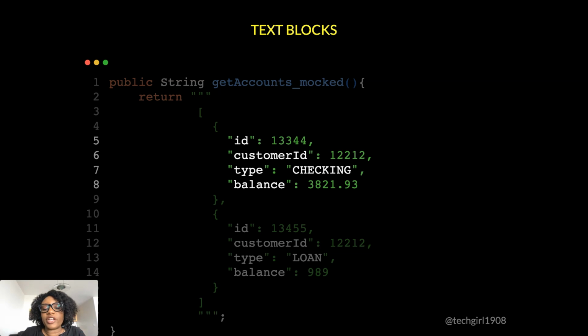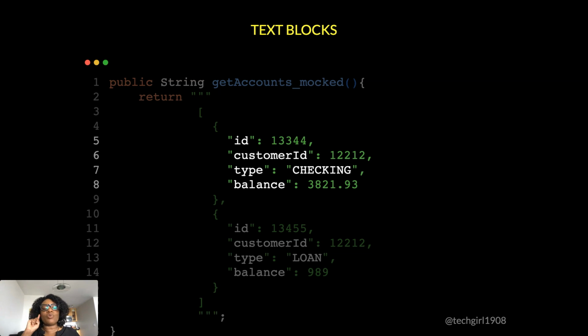So text blocks were introduced in Java 13 as a preview feature. We got a second preview in the latest release of Java 14, and then Java 15, which has also been released, makes this a permanent feature. So yay, welcome to Java text blocks. We're so glad you're here, right?